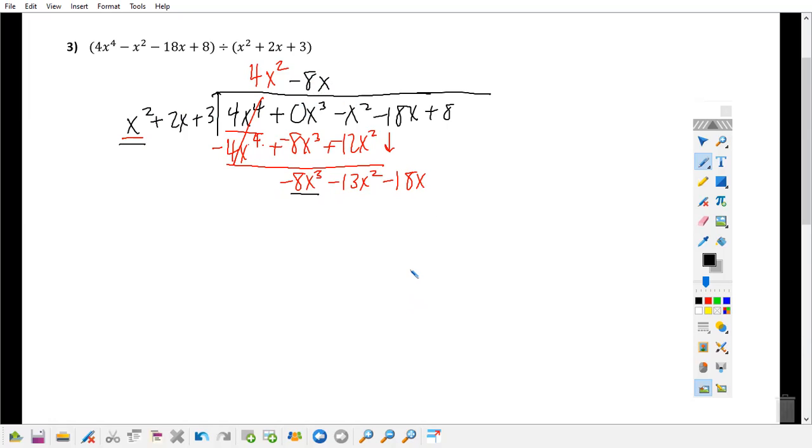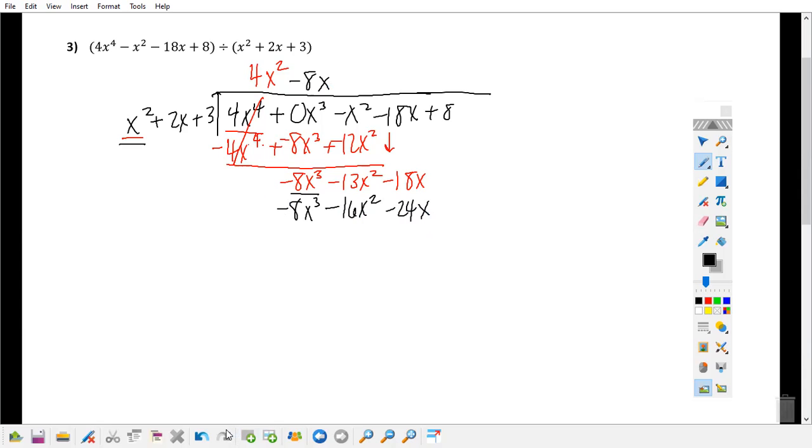Okay, after we divide, we then are going to multiply. What is negative 8x times x squared? Negative 8x cubed. What is negative 8x times 2x? Negative 16x squared. What is negative 8x times 3? Okay.